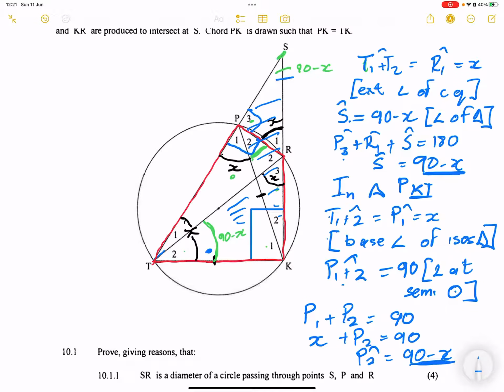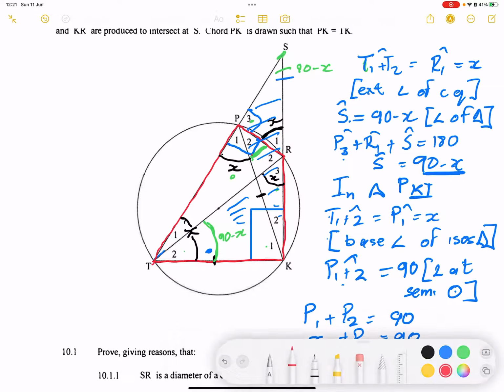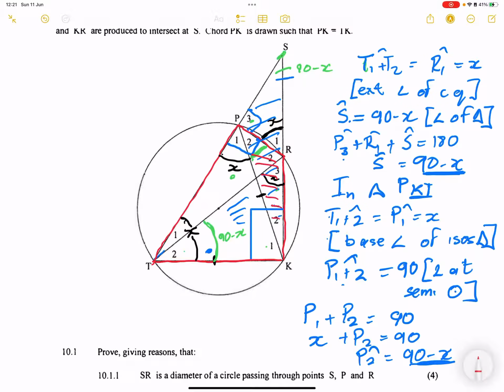So PRK is the smaller triangle within. I'm going to highlight that in red there. I know it looks a little bit clumsy, I'll try to remove as much as I possibly can so that we can see what we're doing.